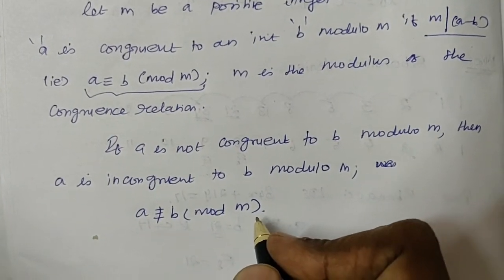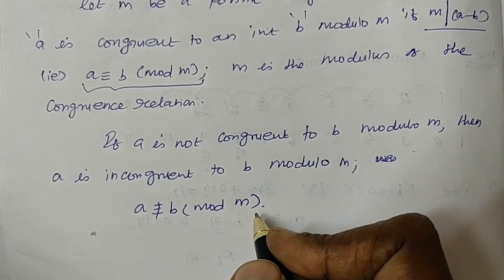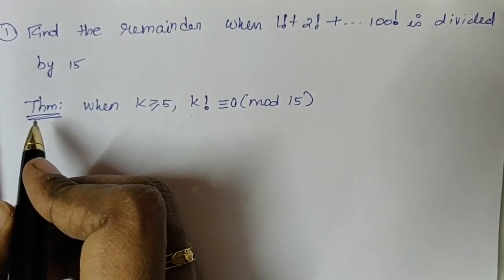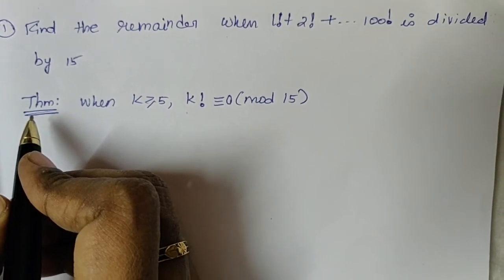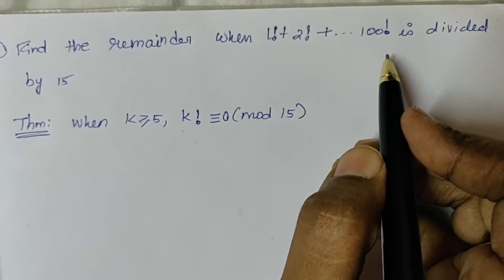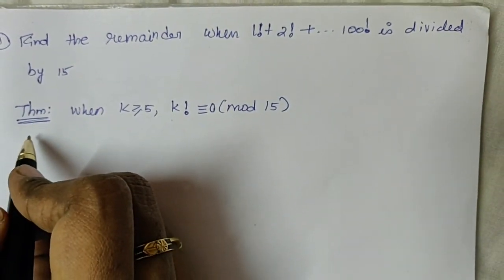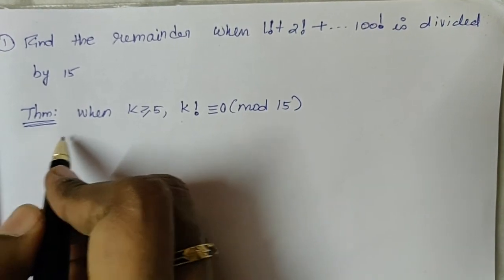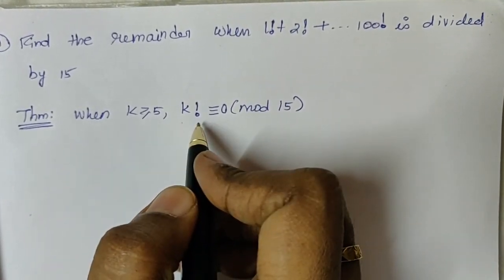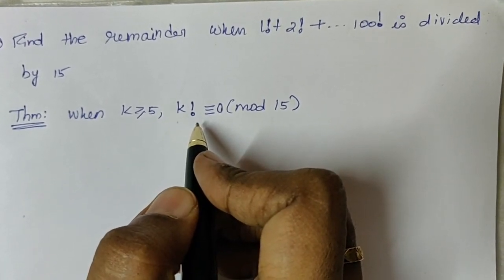Now let us see one problem based on these congruences. Find the remainder when 1 factorial plus 2 factorial plus etc. up to 100 factorial is divided by 15. Already we proved one theorem which states that when k is greater than or equal to 5, then k factorial is congruent to 0 mod 15.